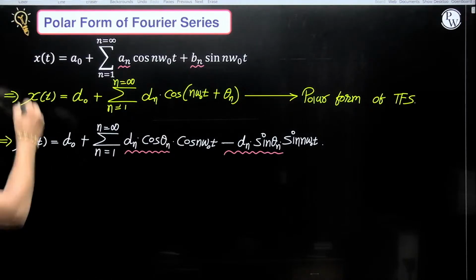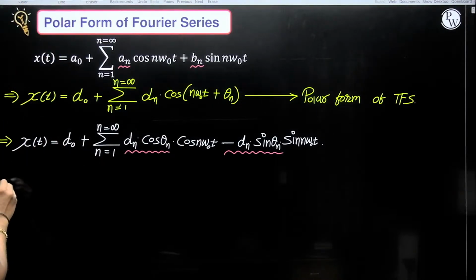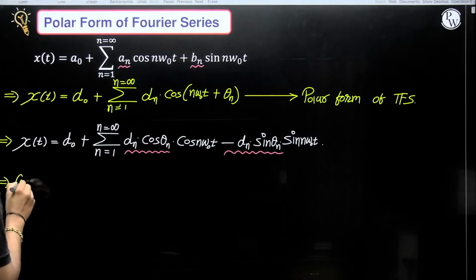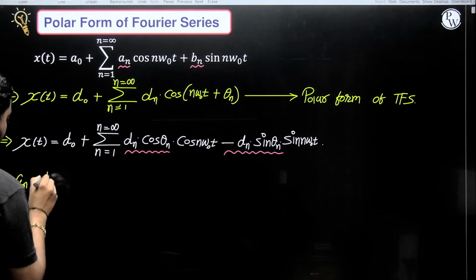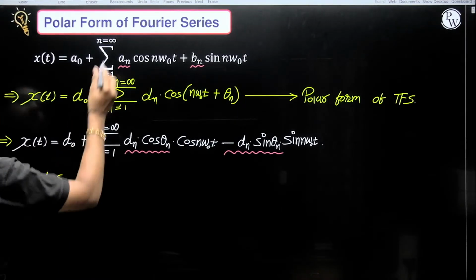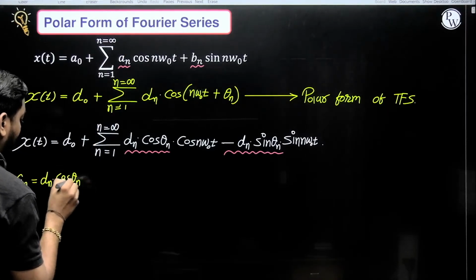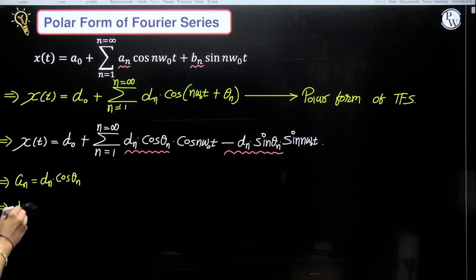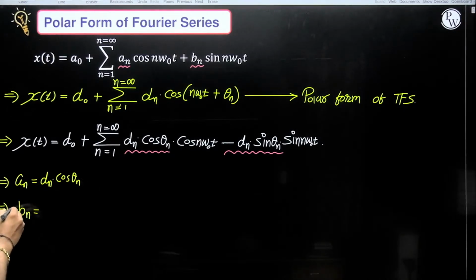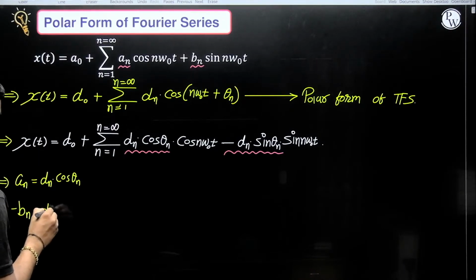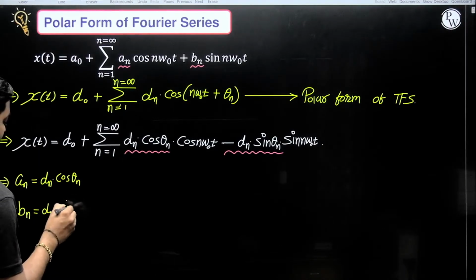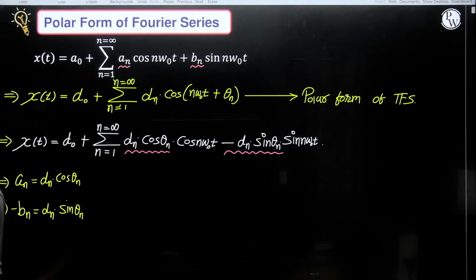After comparing the coefficients, you can say an equal to dn cos theta n, or we can say minus bn equal to dn sin theta n, correct. Now here you can see how to find theta n.